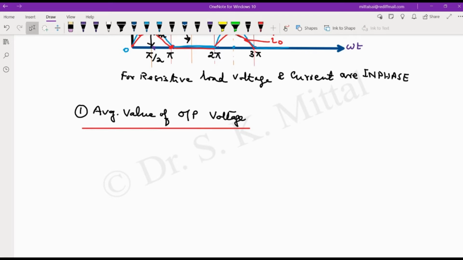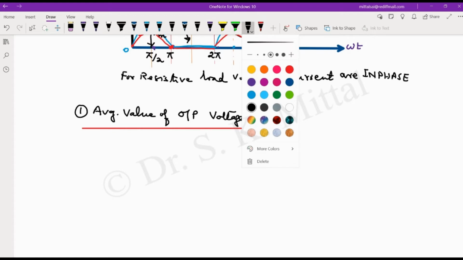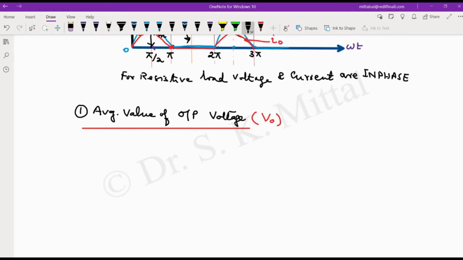Suppose I represent the average value of output voltage by V0. Now in mathematics, to calculate the average value of output quantity or any quantity, there is a general method. Average value is calculated by a general formula.